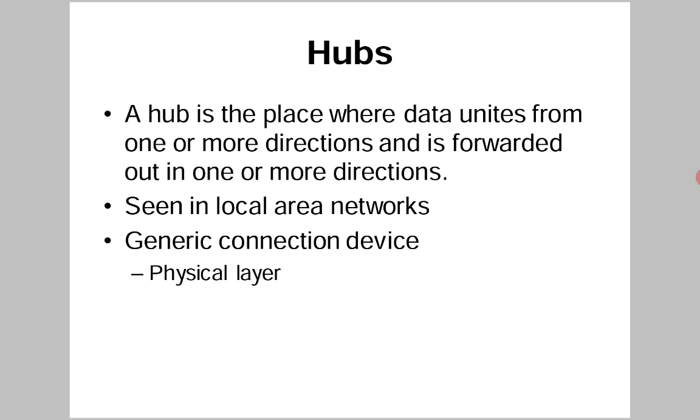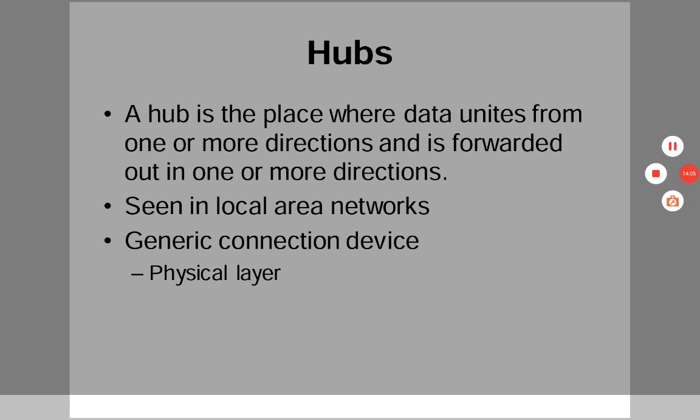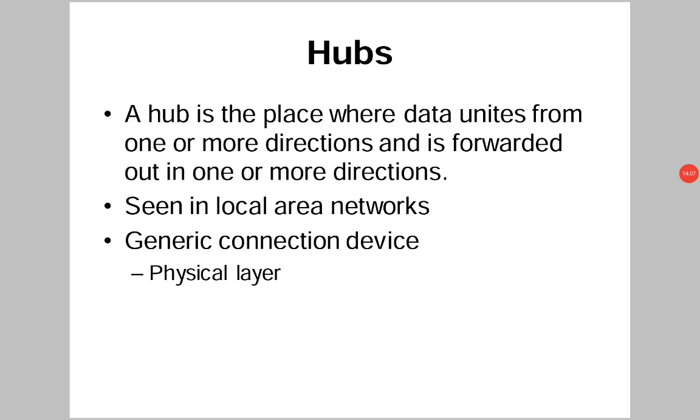Hubs. The second type of network device is the hub. What is a hub? A hub is a place where data unites from one or more directions and is forwarded out in one or more directions.